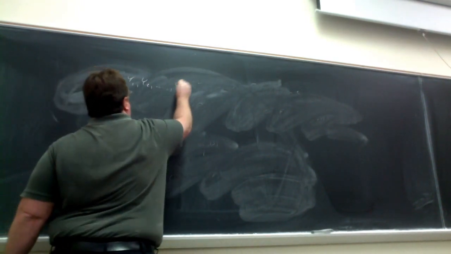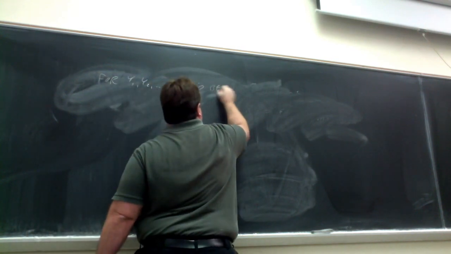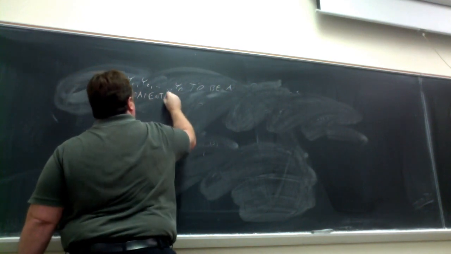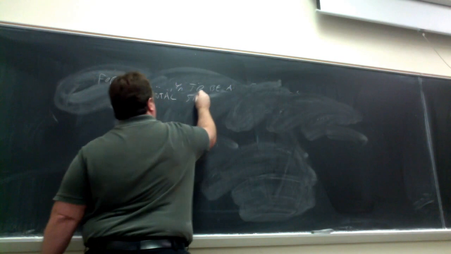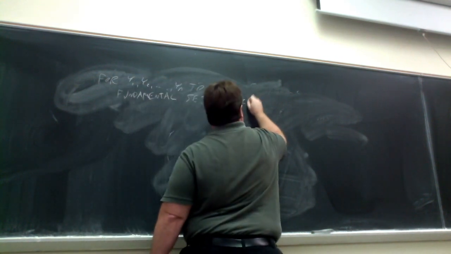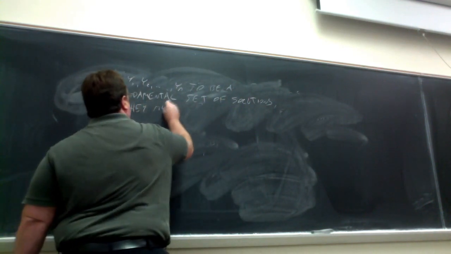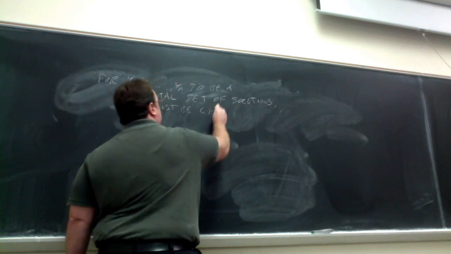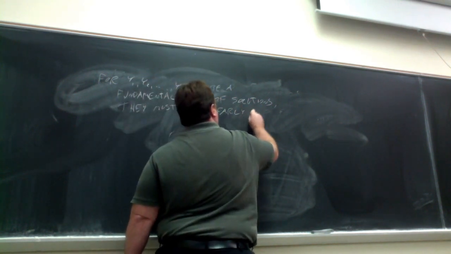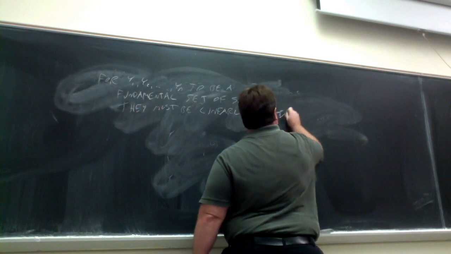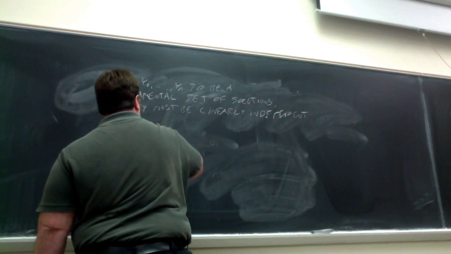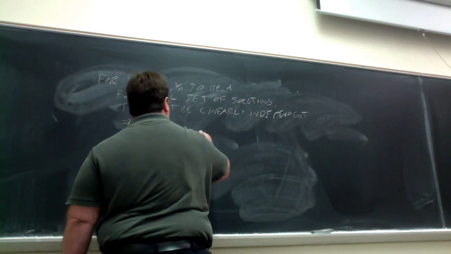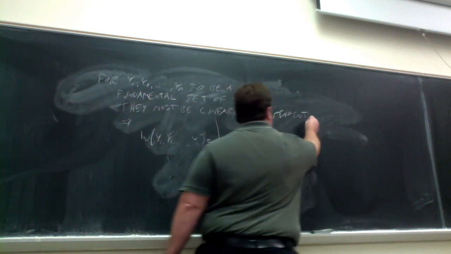Now, for all these solutions that we find, y1 to yn, to be, as before with second order equations, a fundamental set of solutions, linearly independent, we must have the Wronskian of y1, y2 up to yn, which is defined to be the determinant.